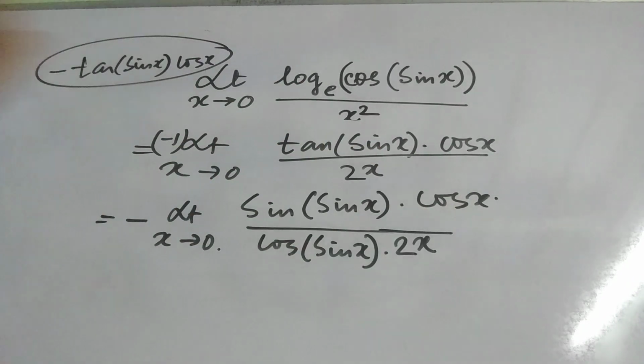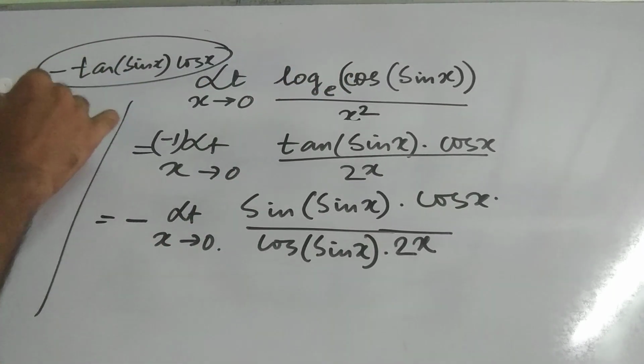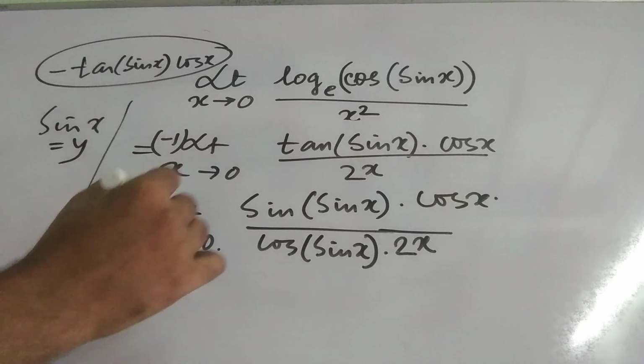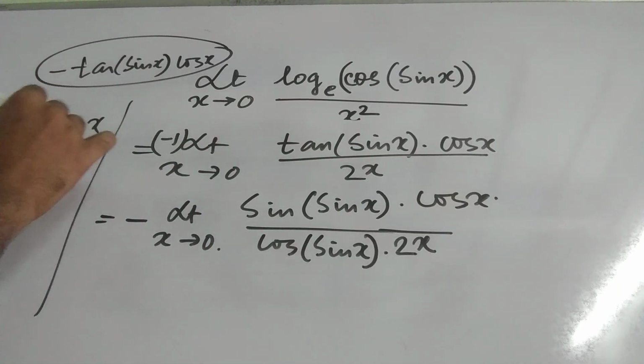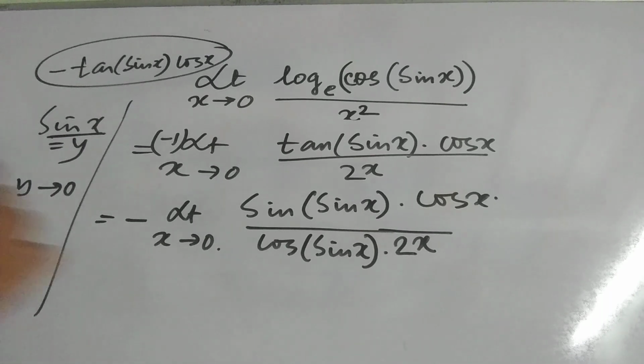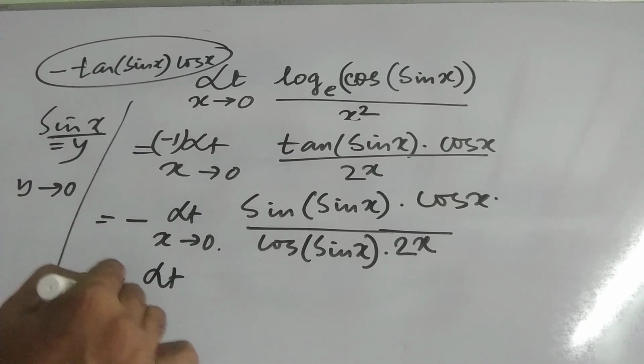Now sin of sin x, if I consider sin x as a new variable, so I can assume that sin x equal to y. Now if x tends to 0, sin x is also 0, that means y also tends to 0. So this can be written as minus limit y tends to 0.